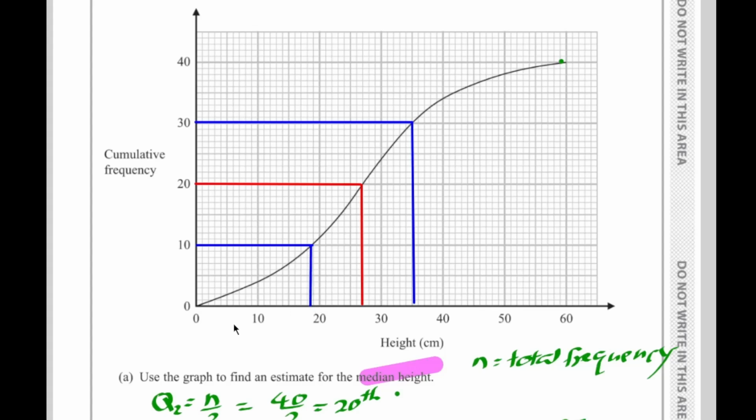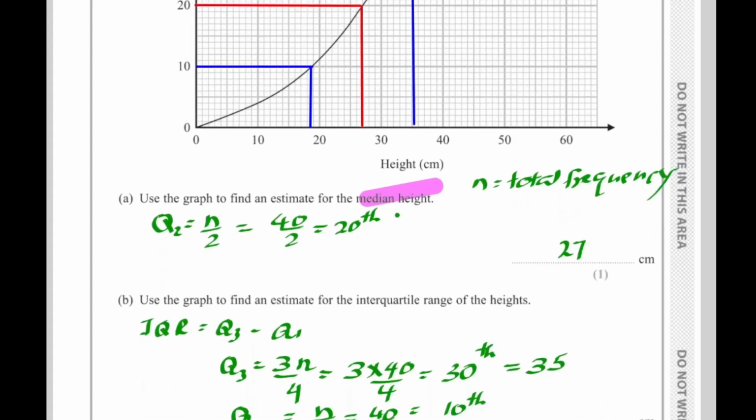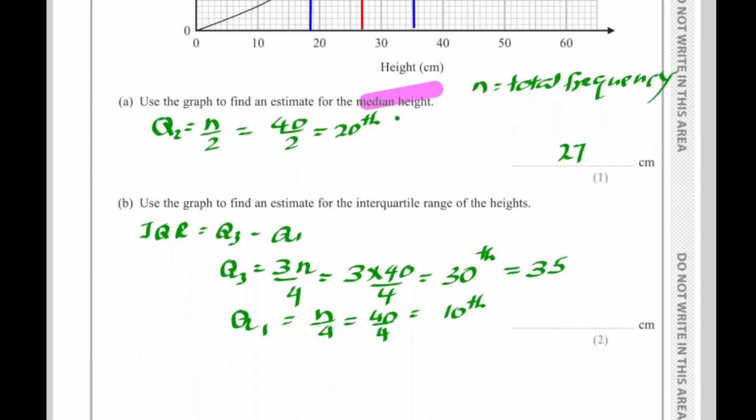I'm getting it as 10, 15, 16, 17, 18. So my Q1 is 18. Then I can get what IQR is. IQR equals 35 minus 18, which becomes 17. So my IQR is 17.